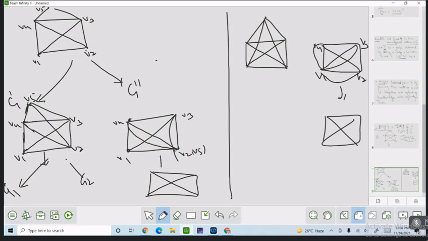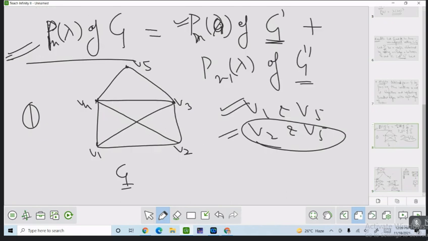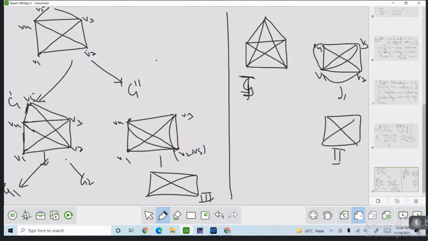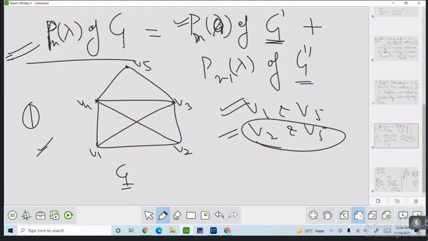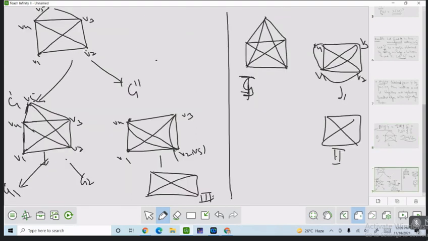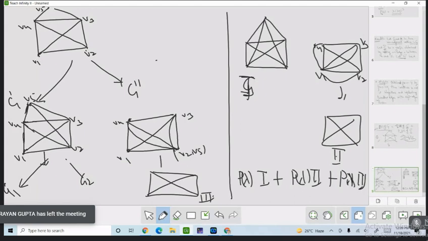So we have three graphs, means this is first, this is second, and this one is third. When we apply the operation on this graph, we obtain 1, 2 and 3. Okay, so what is the chromatic polynomial of this? Just write the chromatic polynomial as P lambda of first graph plus P lambda of second graph plus P lambda of third graph.